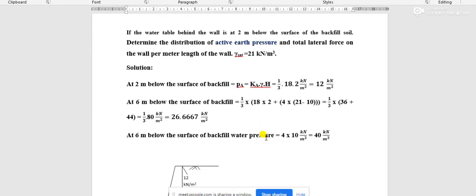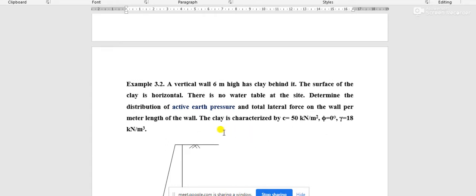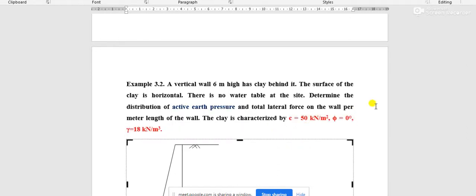Today we'll discuss a similar type of problem, but the characteristics of the soil are that the cohesion of the soil, C, is given as 50 kilonewton per meter square, and the phi of the soil is given as 0 degree. The previous problem was related to sandy soil or cohesionless soil.